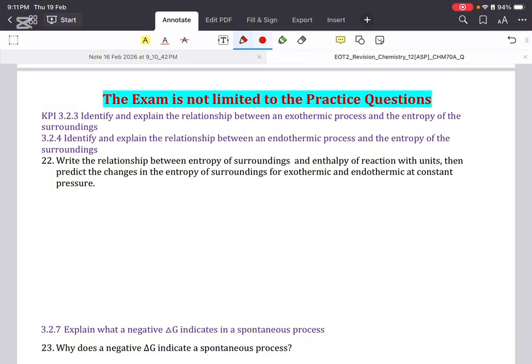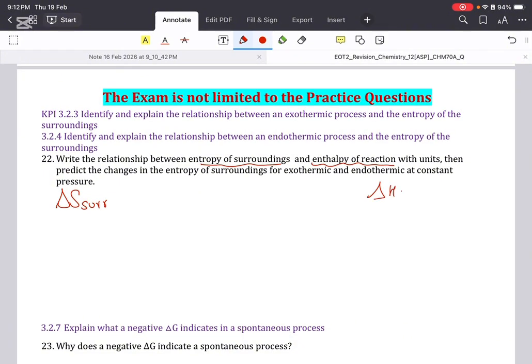Write the relationship between entropy of surroundings and the enthalpy of the reaction, like delta H of the system, or you can also call it delta H of reaction, with units. Then predict the changes in the entropy of the surroundings for exothermic and endothermic at constant pressure.